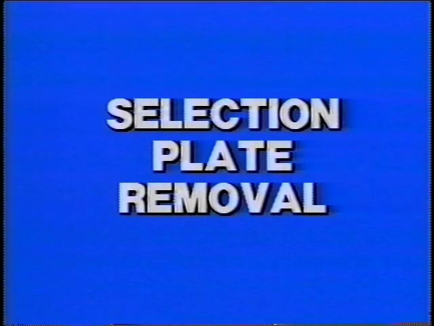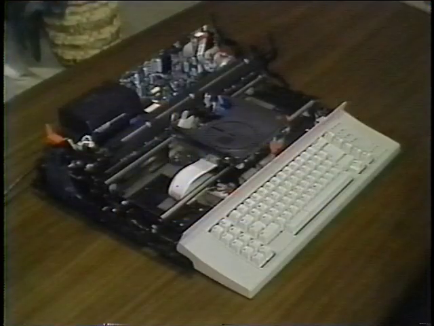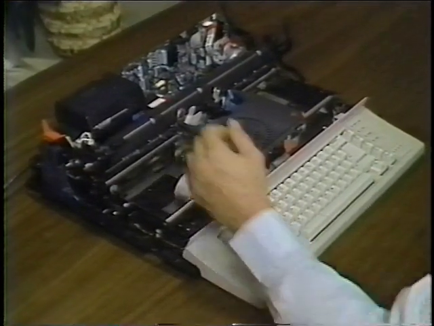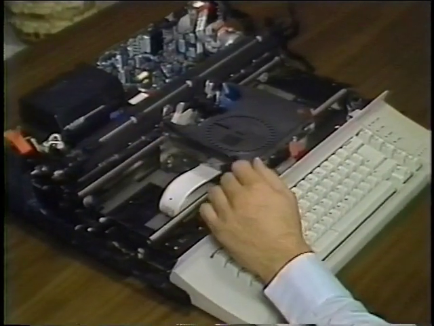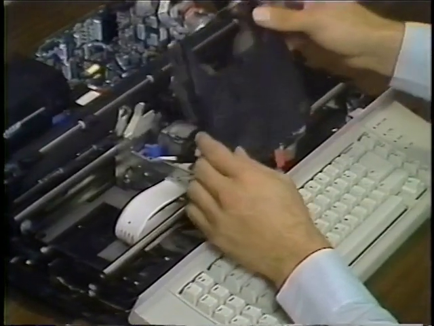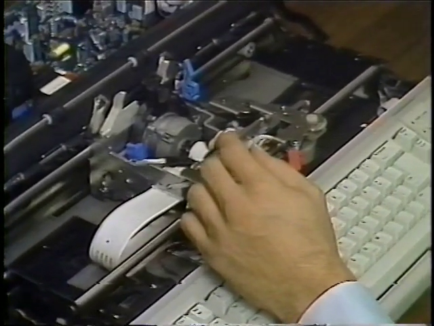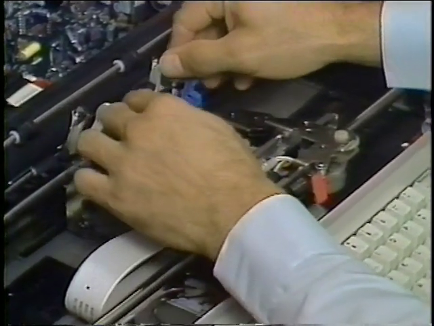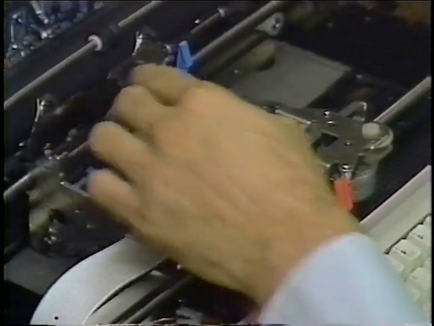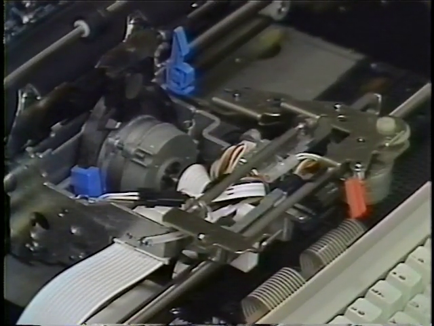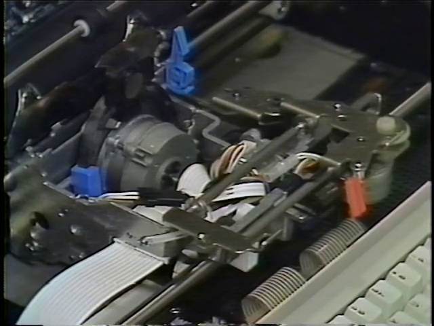To remove the selection plate, start by turning the machine off and removing the ribbon cartridge and print wheel. Next, unplug the print hammer solenoid connector from the carrier cable.